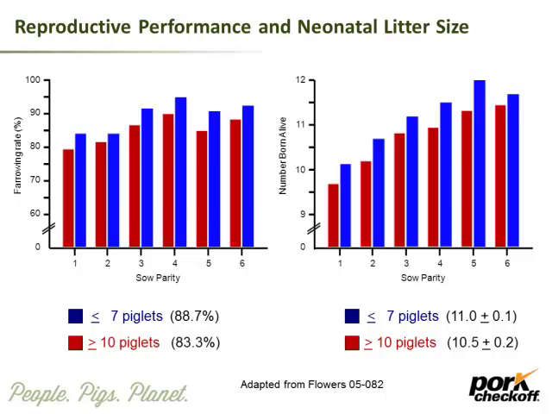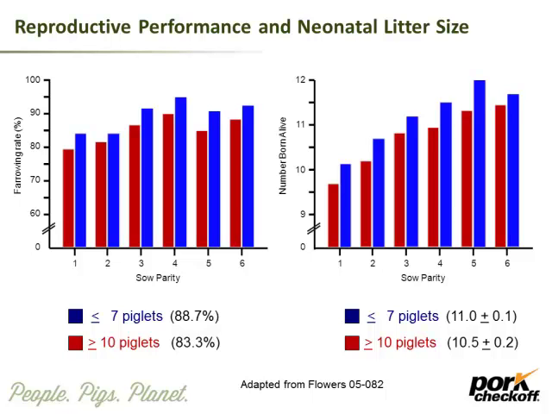So in this particular graph, he shows the farrowing rate as a percentage across the different parities down along the bottom. And it's plain to see that sows that are born and lactated in small litters have an increased farrowing rate compared to sows that are raised in larger litters.